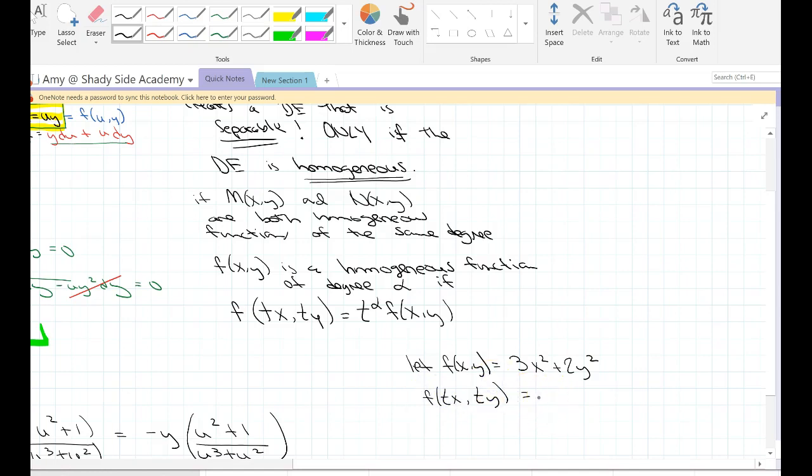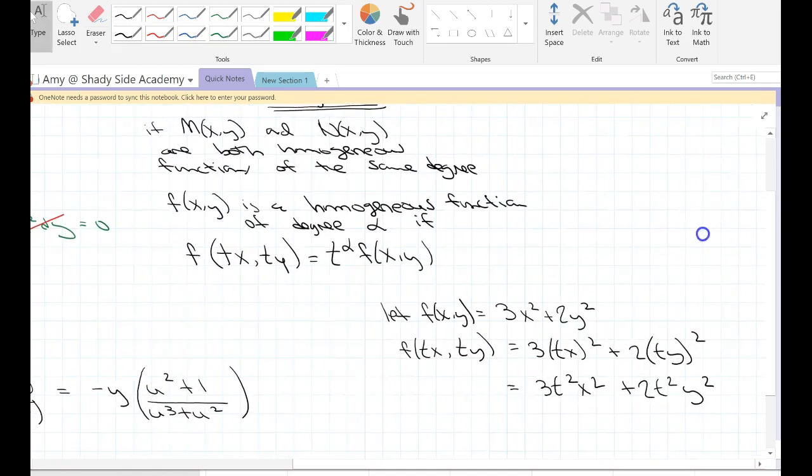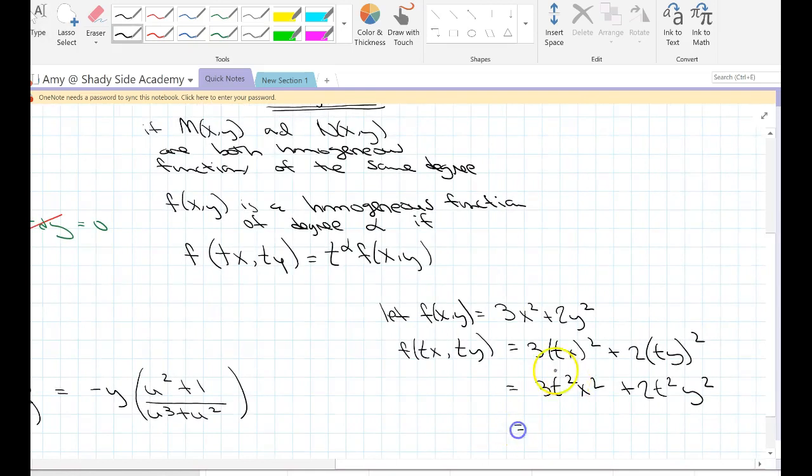Well, this becomes 3 times tx squared plus 2 times ty squared, and this equals 3t squared x squared plus 2t squared y squared. And I notice here I can factor the t squared out: t squared times 3x squared plus 2y squared.